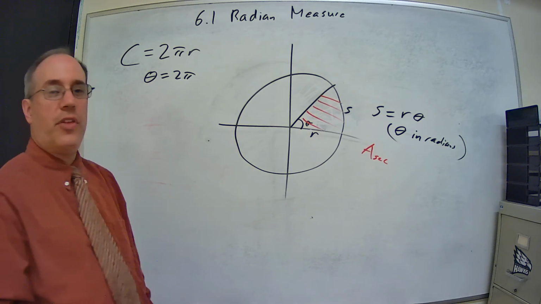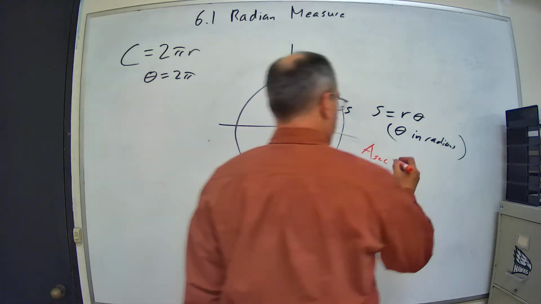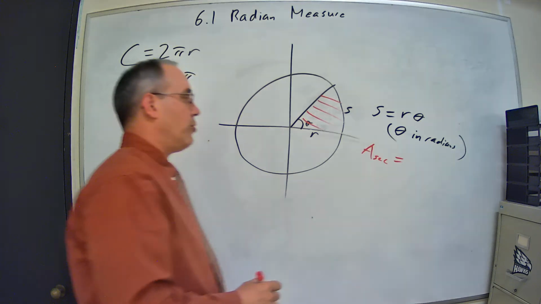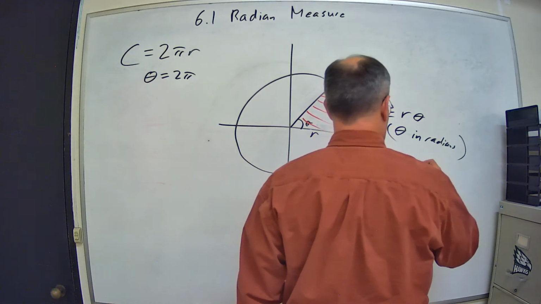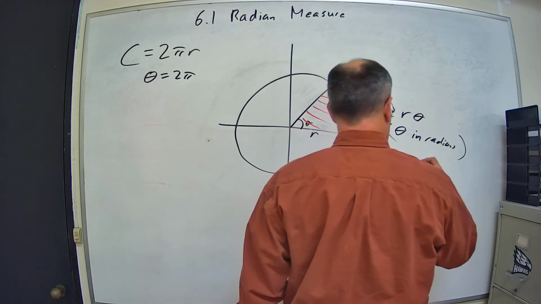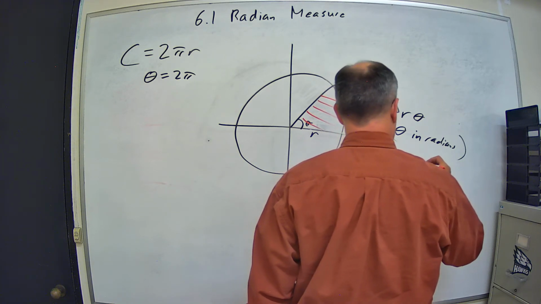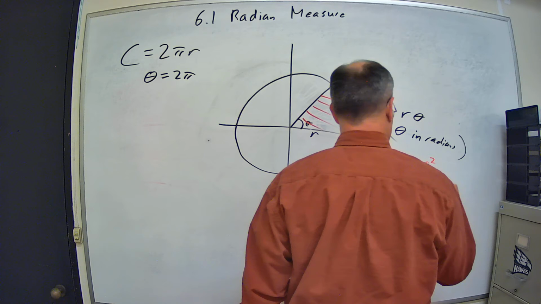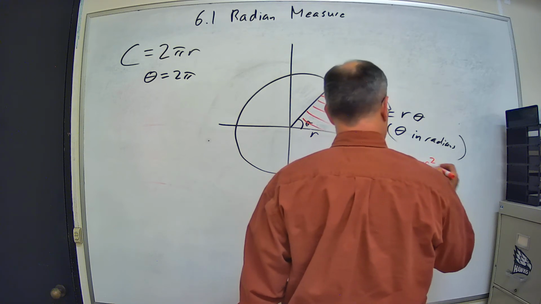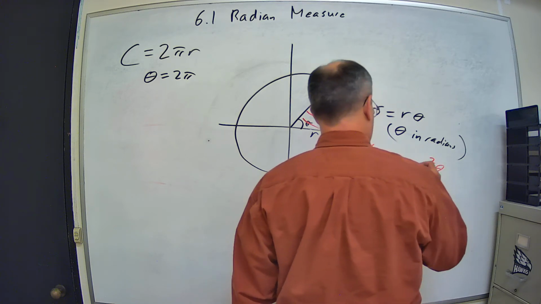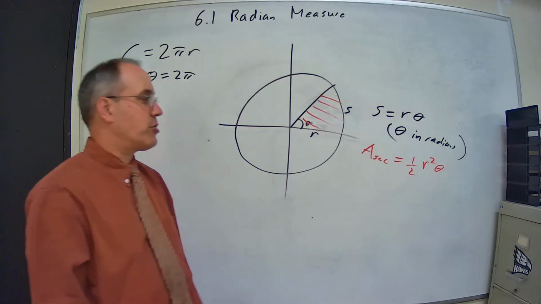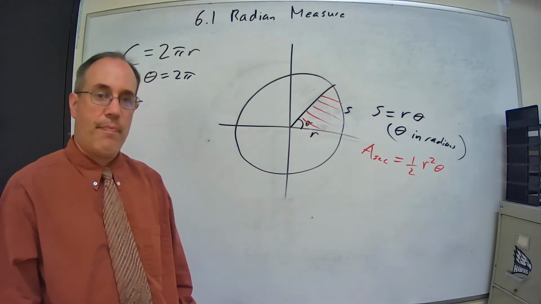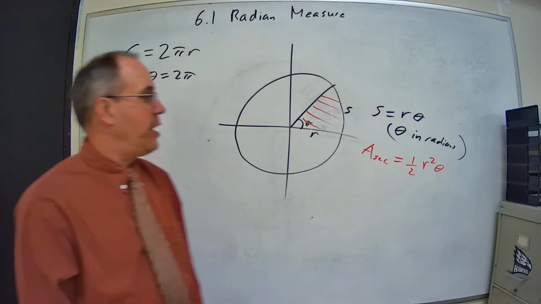The area of the sector is equal to one half R squared theta. Okay, 1/2 R squared theta.